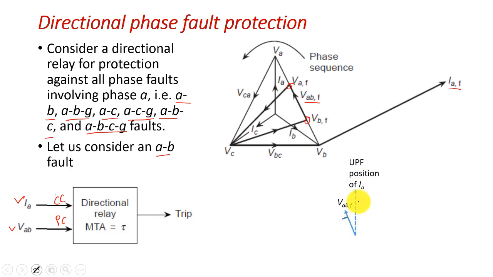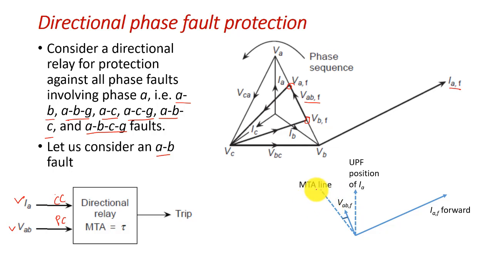And now if we plot current before fault, that is under unity power factor condition, your IA will be this. And now your fault current will be around 90 degrees with respect to your VA, or VAB fault.